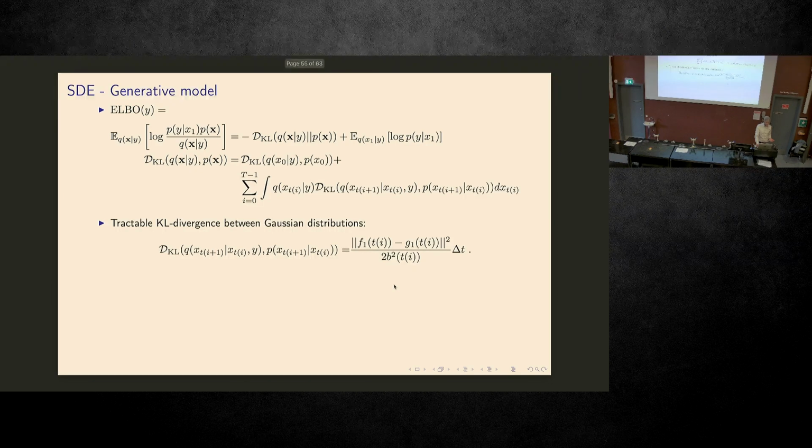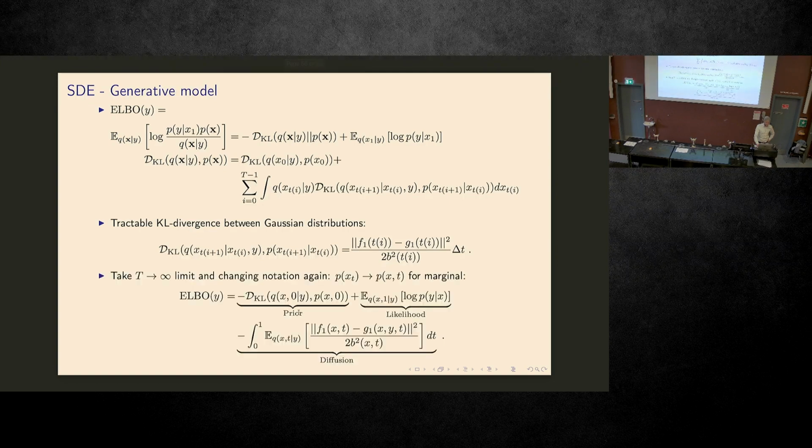Let me go down here and show. It has a diffusion term as before, a prior term as before, and a likelihood term as before. And actually, we can write down the diffusion term like this. And you can see, which I think is important, that it depends on how you define the drift term in the variational distribution, which I call G, and also the drift term in the generative model. And then we also have to be able to take an expectation over the marginal distribution of the variational distribution.